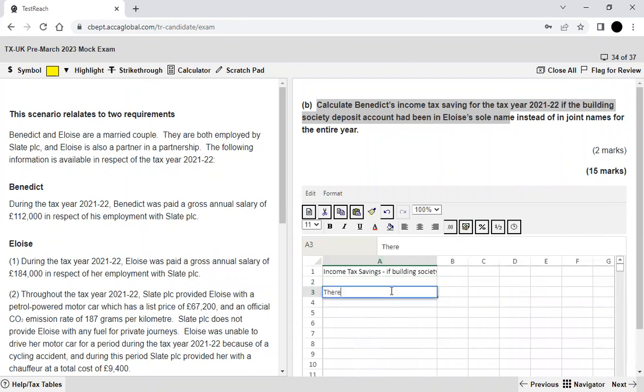In such a situation, there will be no interest income for him. What will be his revised tax liability?